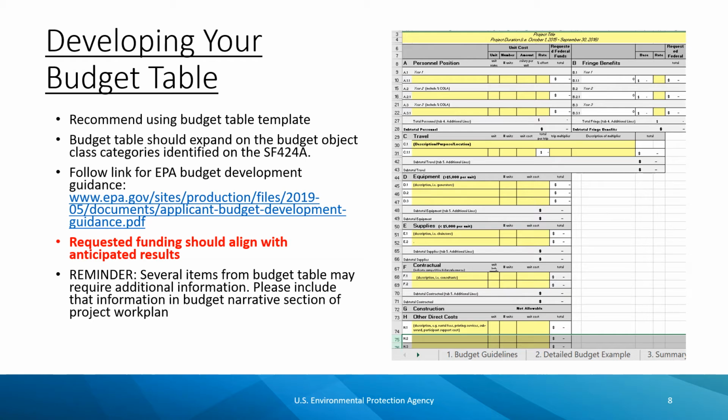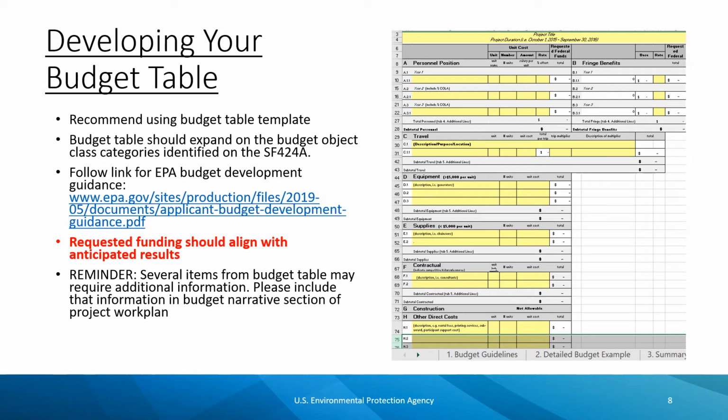For more information on developing your budget, please see EPA's Budget Development Guidance at epa.gov/sites/applicant/document/appendix-applicant-development-guidance.pdf. Requested funding should be in alignment with anticipated results.